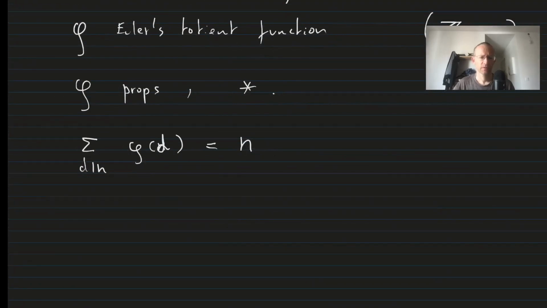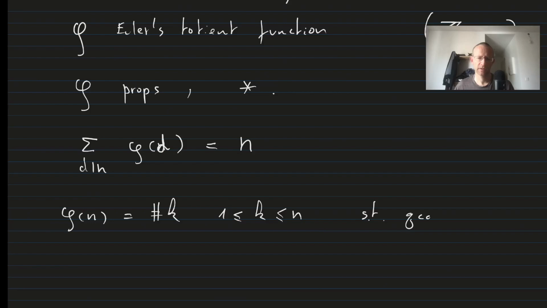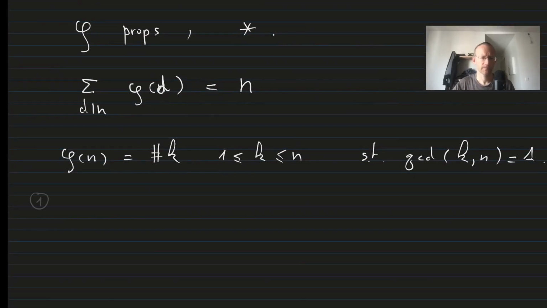So first, to recall that phi of n is the number of integers between 1 and n, such that their GCD with n is equal to 1. In other words, such that they are co-prime to n. Then let's start the first proof.